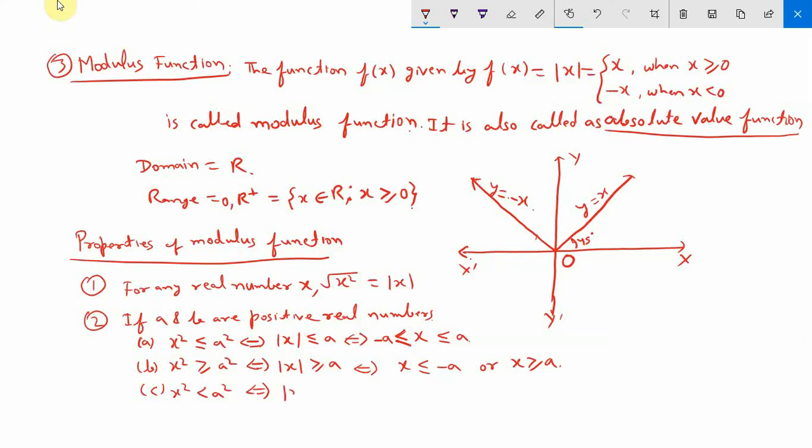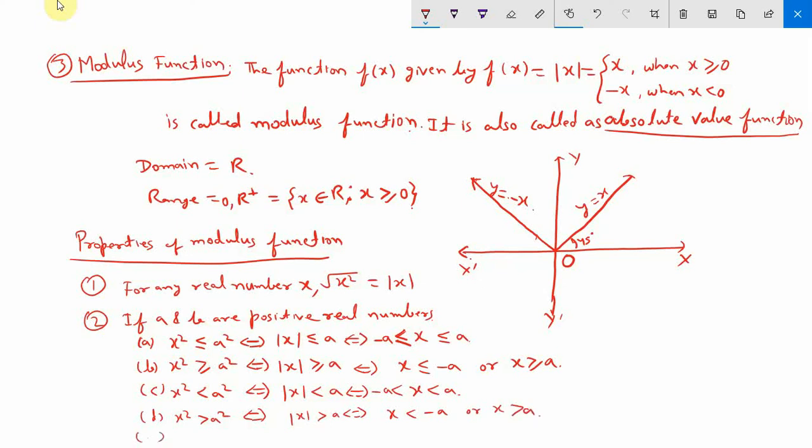Okay, so mod x is less than a, or we can write x is greater than minus a and less than a. Next one, x square is greater than a square. From this we can get mod x is greater than a, and from this we can conclude x is either less than minus a, or x is greater than a.